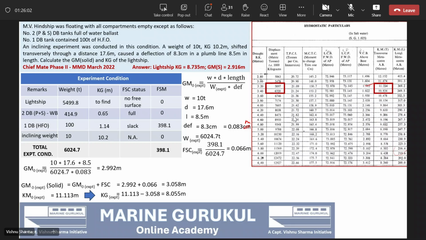This is still not the answer, guys. We are going to continue, but so far we have got the KG in the experiment condition, correct? Shall we continue, guys?